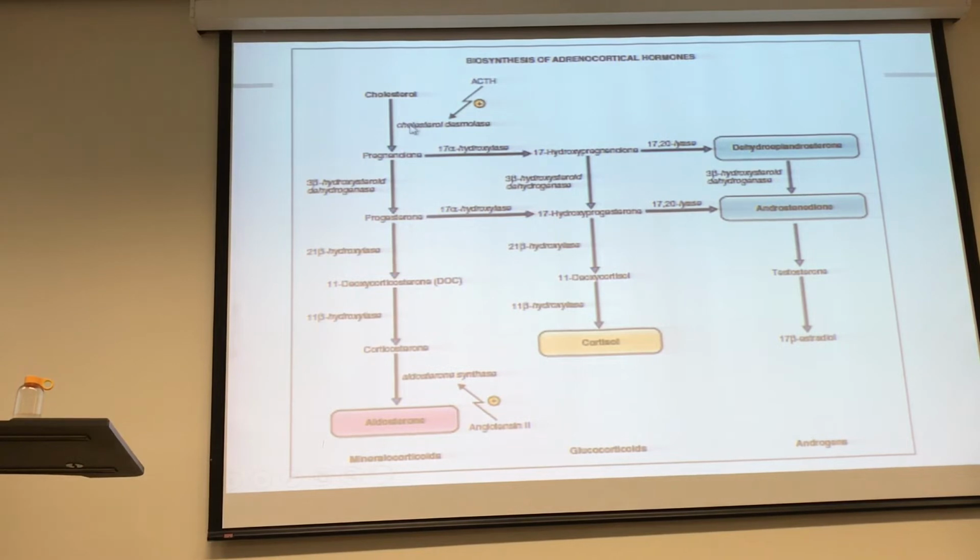So blocks of cholesterol desmolase, 3-beta hydroxysteroid dehydrogenase, 21-beta hydroxylase and 11-beta hydroxylase will stop the production of corticosteroid and cortisol. This will be devastating and will lead to death if you do not replace the steroid hormones.